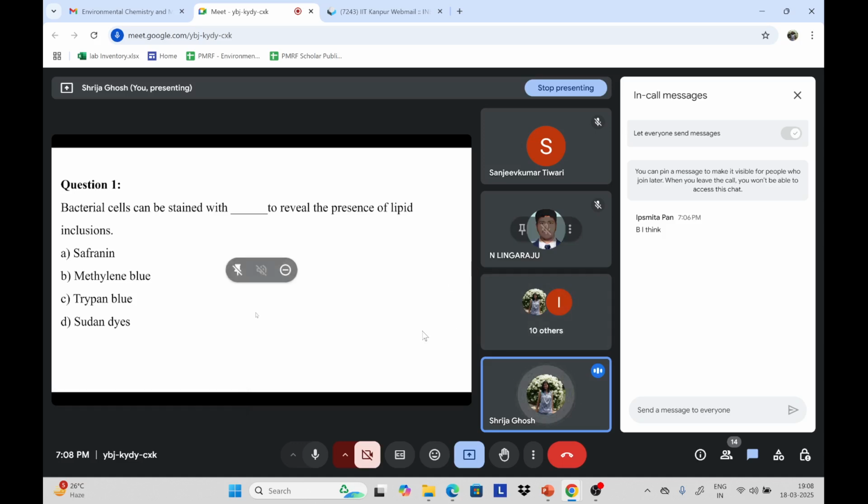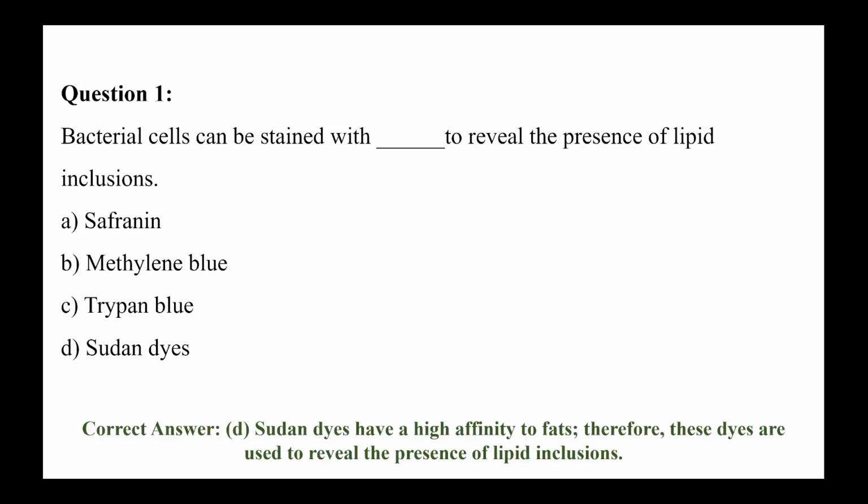The correct answer for this question is option D, Sudan dyes. Safranin, methylene blue, and trypan blue are also dyes that are used for staining bacterial cells, but each dye has its own purpose and its own characteristic features which give a specific color to a specific structure. Sudan dyes have a high affinity to fats, and therefore these dyes are used to reveal the presence of lipid inclusions.